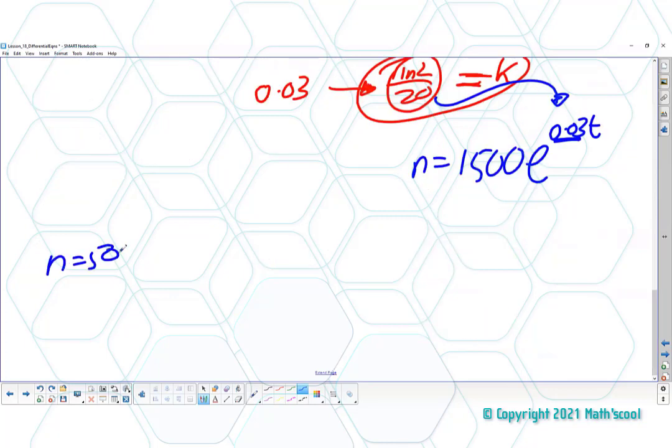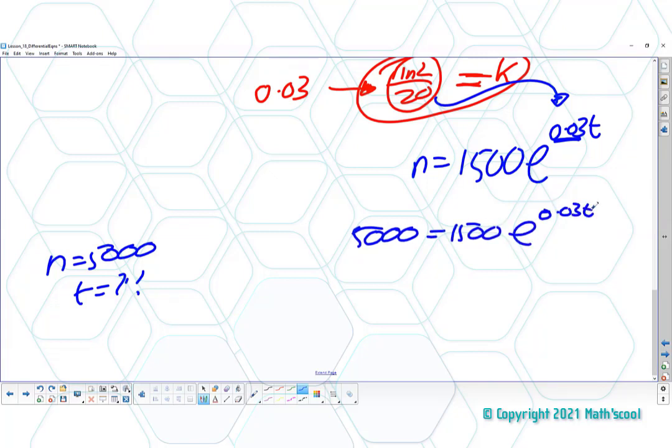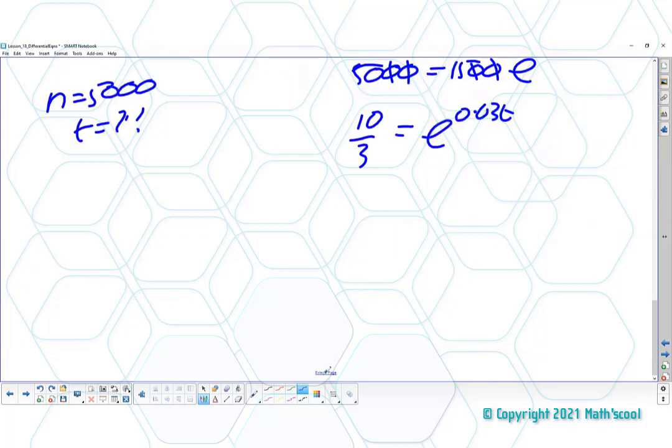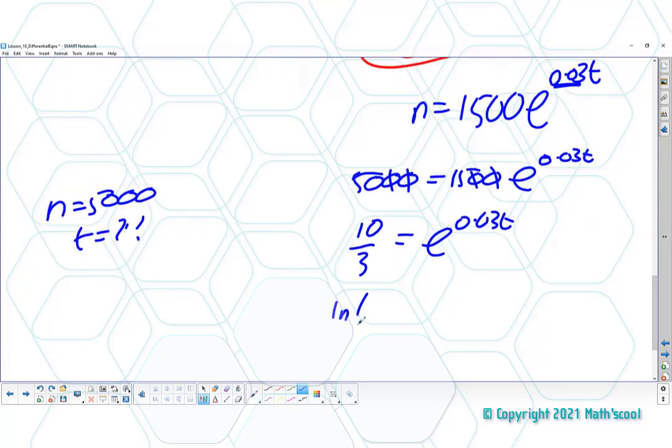So N equals 5,000, T equals question mark. 5,000 equals 1500 e to the 0.03 T. And so that gives us 50 over 15, so 10 over 3 equals e to the 0.03 T. And then ln both sides: ln of 10 over 3 and divide by 0.03 equals T. You work out yours, it will be more accurate than mine.